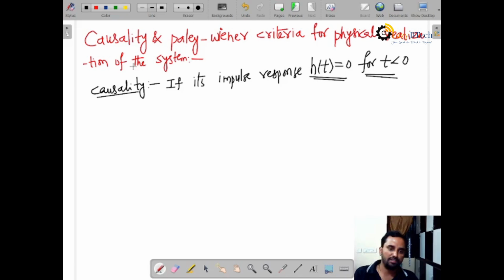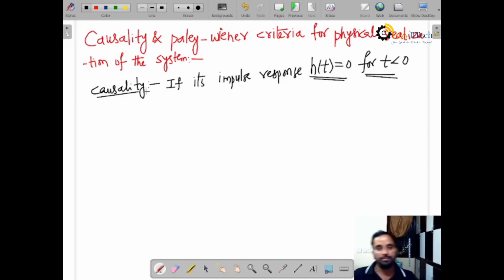Then the system will become a causal system. Now Paley-Wiener criteria for physical realization. What is physical realization? Physical realization means it is physically possible to construct the system in real time.